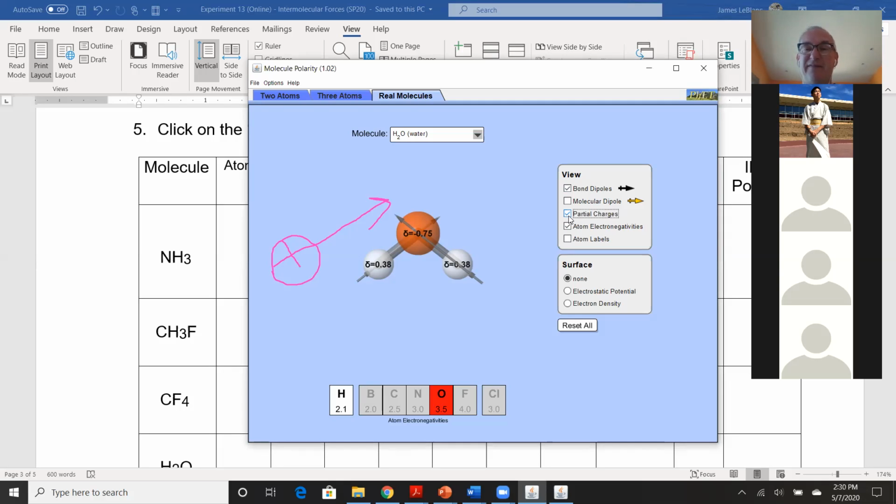It's -3/4. So it's more than 0.5, but less than 1. And we would expect that because it's pulling on not just a pair of electrons, but 2 pair of electrons. And so our partial negative charge on oxygen is like -0.75, and on the 2 hydrogens plus 0.38. And again, they should add to 0.